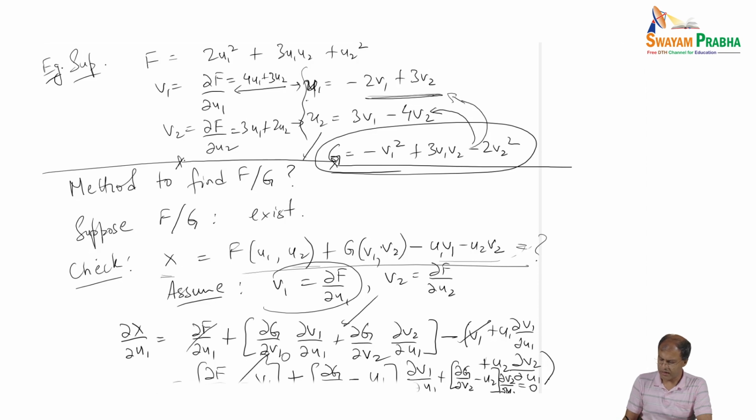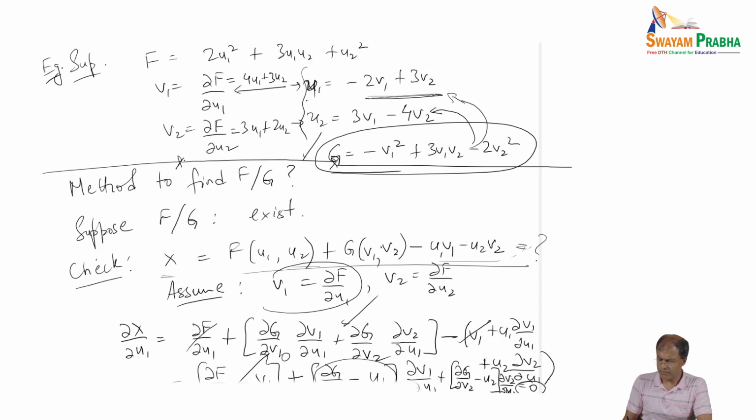Since v1 and u1 are independent variables, this whole quantity is 0, because partial v1 partial u1 is 0 and partial v2 partial u1 is 0.